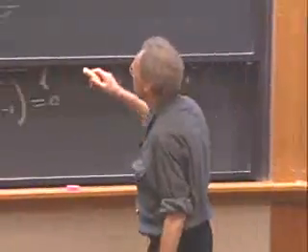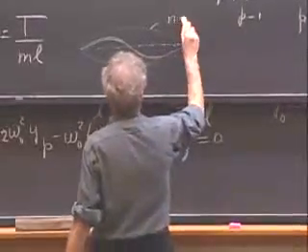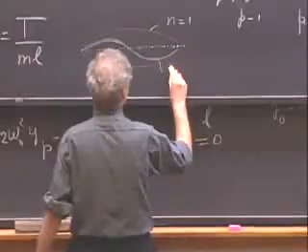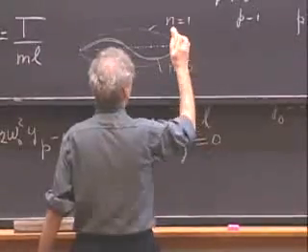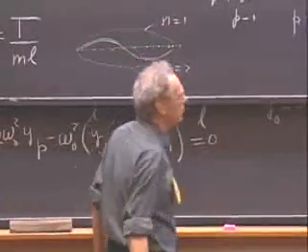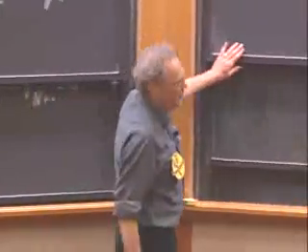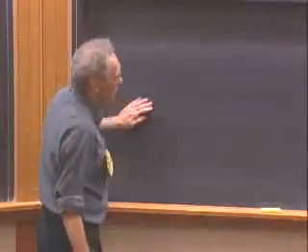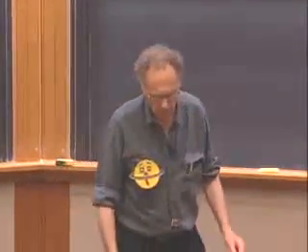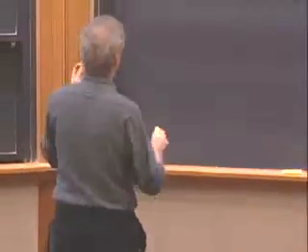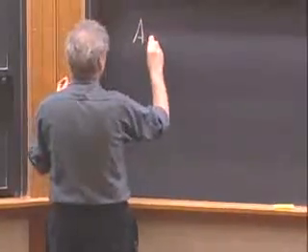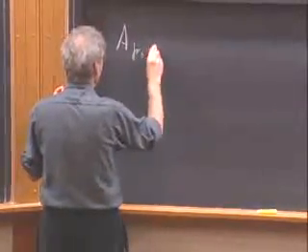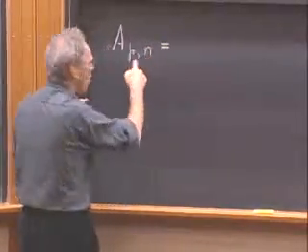This would be mode 1, and this would be mode 2. And so now I'm going to put in as a trial solution a_p, for particle P, which is in mode n, as in Nancy. This is the mode.